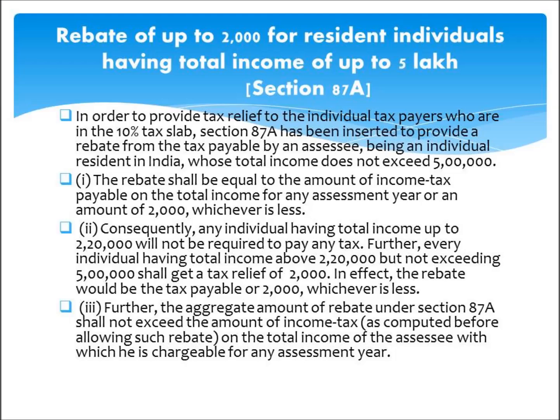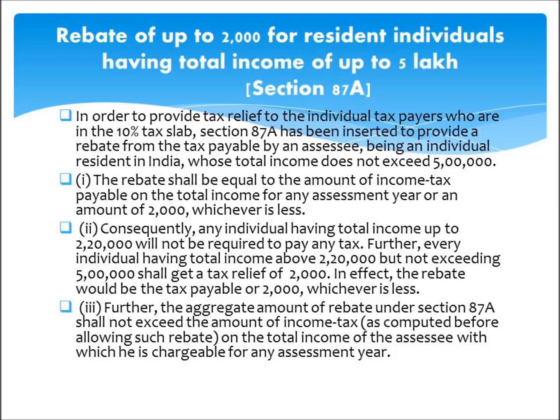I can get a deduction of 2000 and the remaining amount is to be paid as income tax. So if I am earning 2,60,000 and the amount of income tax payable by me is 1000, the tax will come under the rebate and I'll not be required to pay any tax.